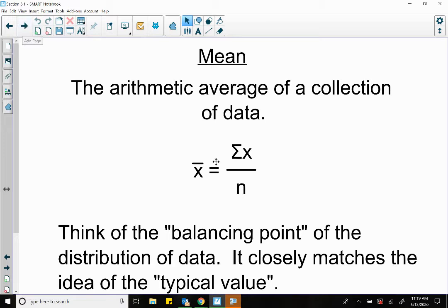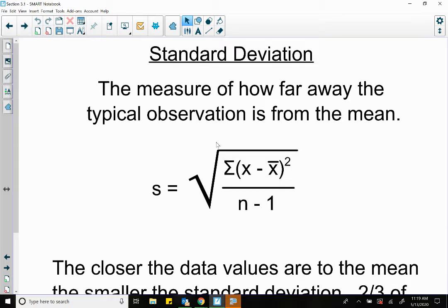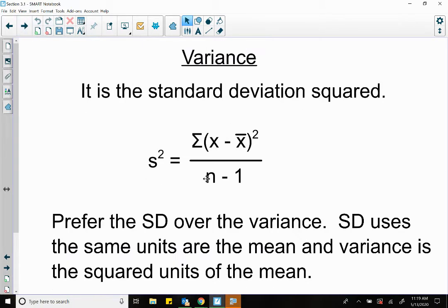So again, if the mean is measured in, let's say, beats per minute, standard deviation is measured in beats per minute. Variance would be beats per minute squared. Hope that makes sense. We like standard deviation over the variance.